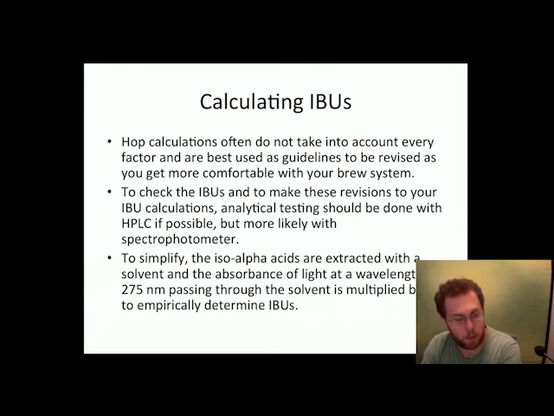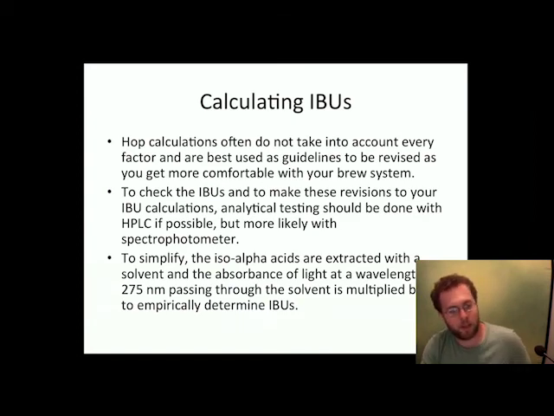You can use HPLC, liquid chromatography, if you send it out. You probably won't have one of these in your lab. It's expensive, so most labs, unless you're in a really big company, won't have one. A more likely way will be with a spectrophotometer, which isn't quite as accurate, but it's pretty good.